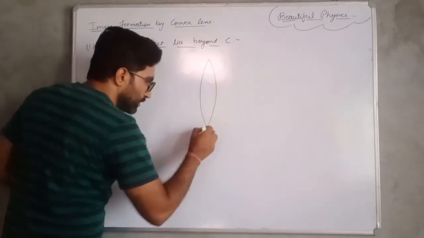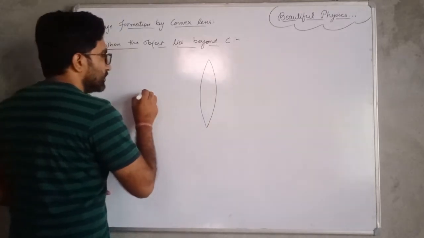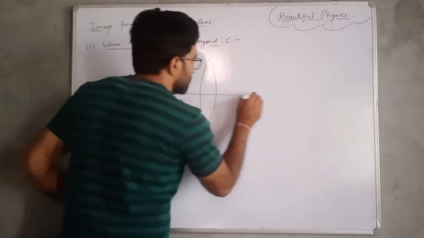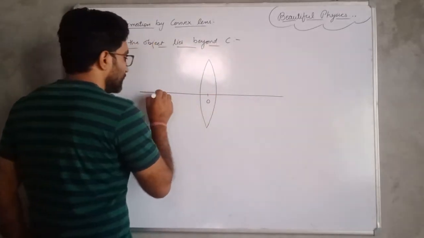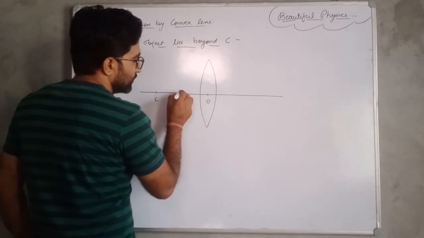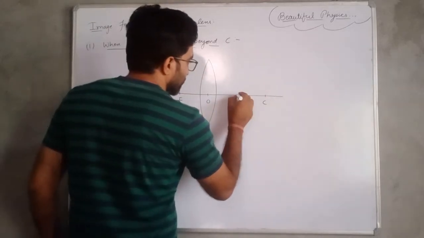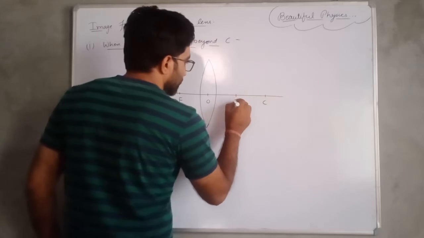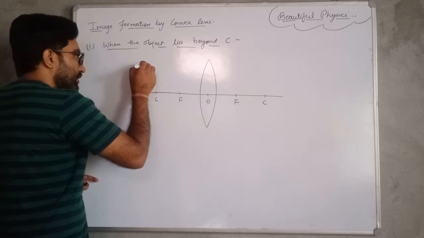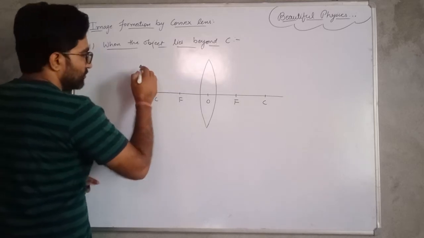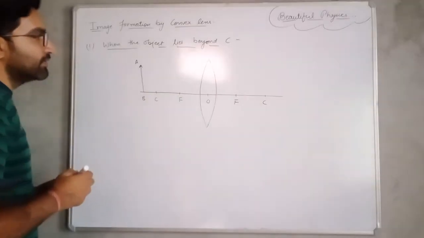First we have to draw the convex lens. So this is our convex lens, and this is the principal axis. This one is our optical center. This is the center of curvature. This is the focus. This is again the center of curvature, and this one is the focus. And our object lies beyond C. C से थोड़ा सा पीछे की तरफ है, behind the C बोल सकते हैं.